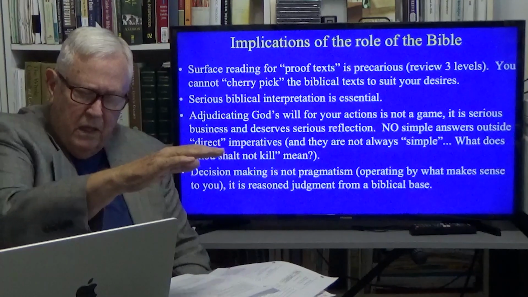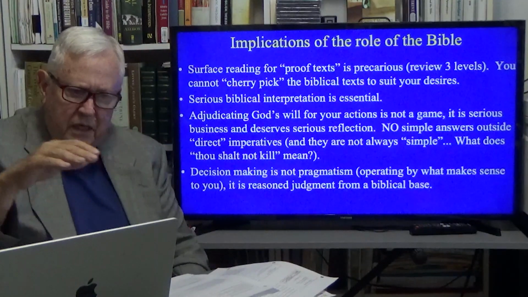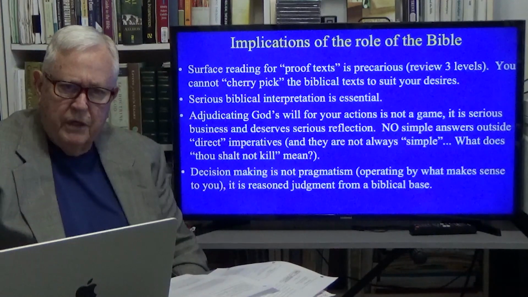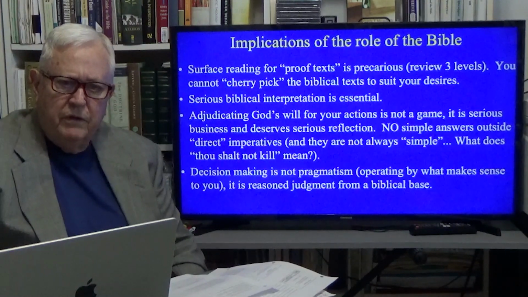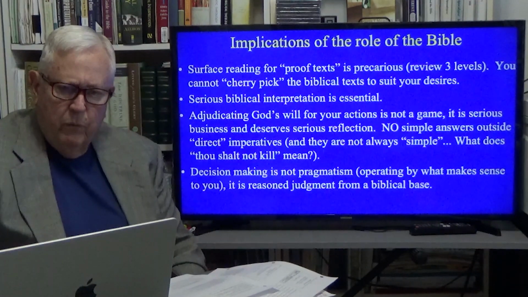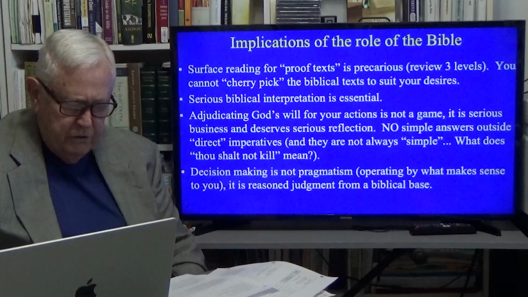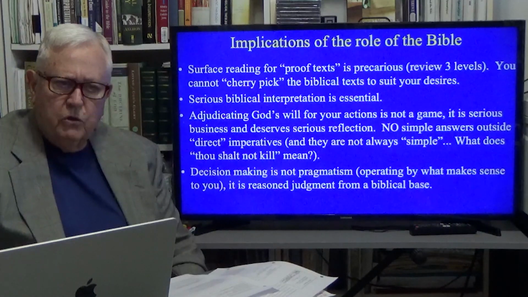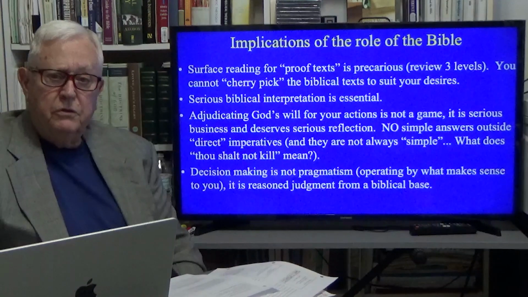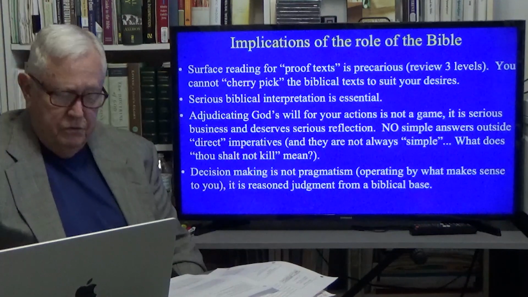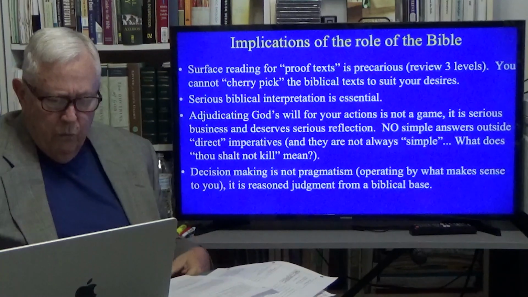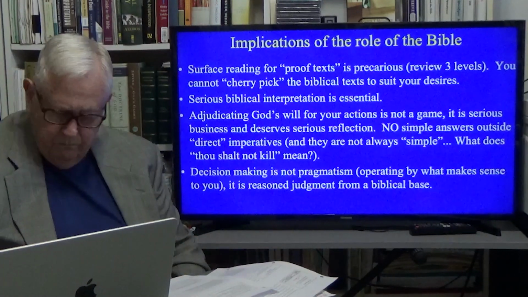You can connect A to C, C to E. You have lines that connect the logic that you're applying to a given decision in life, no matter what that is. And we've mentioned some examples, and we'll mention some more. You can multiply those. Most of them are going to be things that aren't addressed directly in the Bible, because those things are much more challenging, and those are the ones that we're trying to figure out.